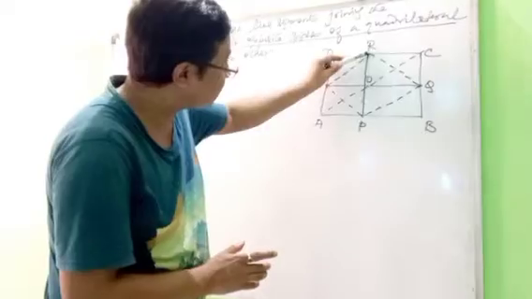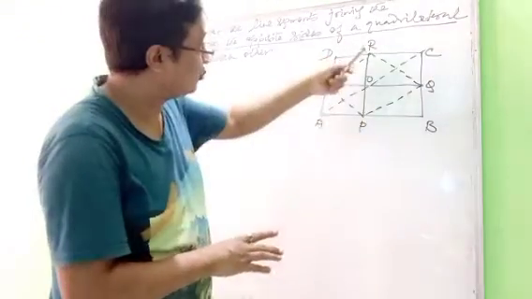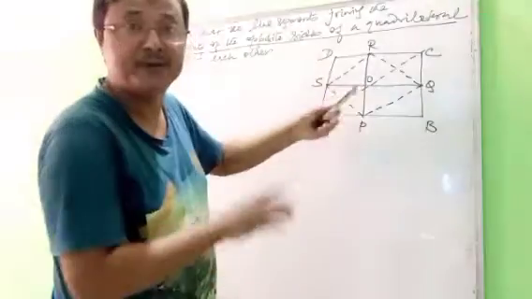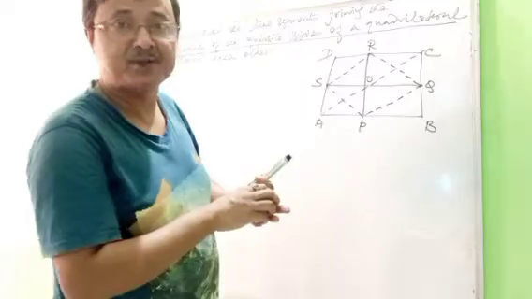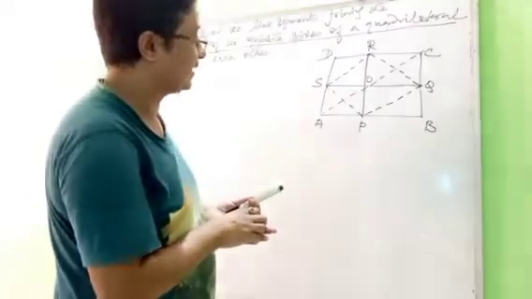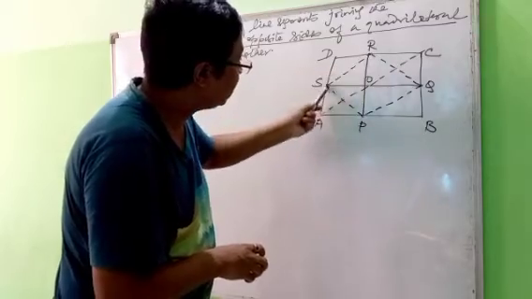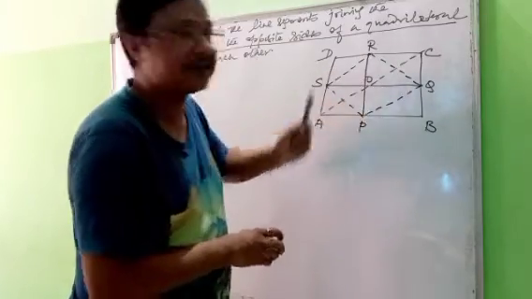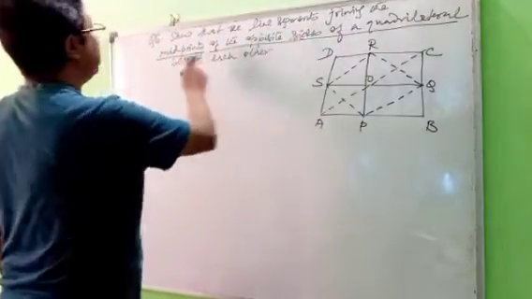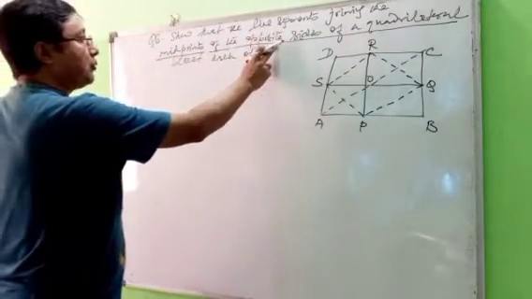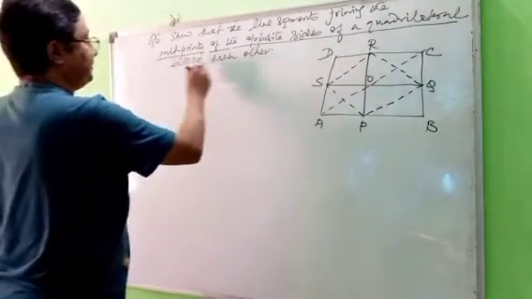Then RP and SQ are the two diagonals, and these two diagonals meet at point O. And we know from the property of diagonals that the diagonals of a parallelogram bisect each other. Hence the two line segments RP and SQ bisect each other at O. So here they have told you that the line segments joining the midpoints of the opposite sides of a quadrilateral bisect each other.